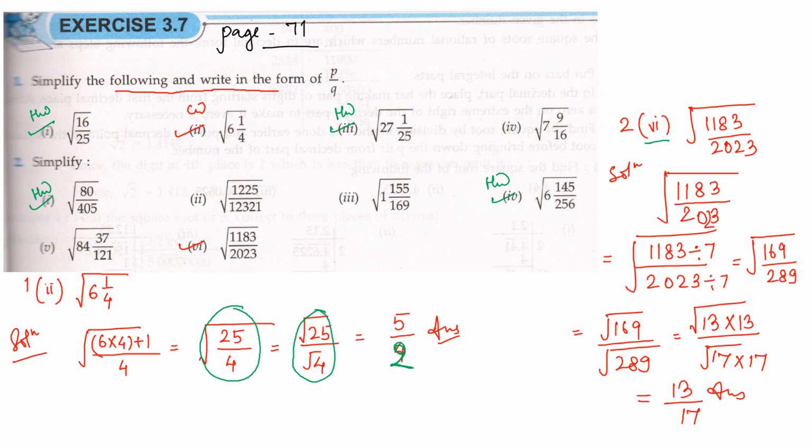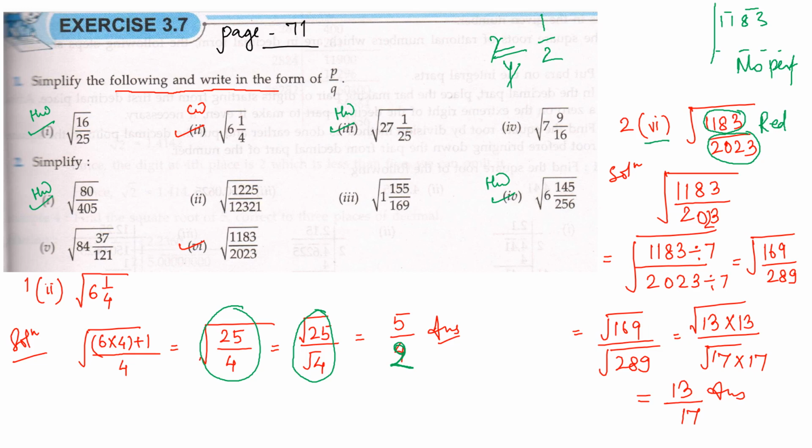Question number 2, sixth part: 1183 by 2023. Now here, when you start finding the square root of 1183, you won't be able to get a perfect answer. So first think whether the number can be reduced. If both the numbers can be reduced, like we used to write 2 by 4, then it can be reduced as 1 by 2, isn't it?